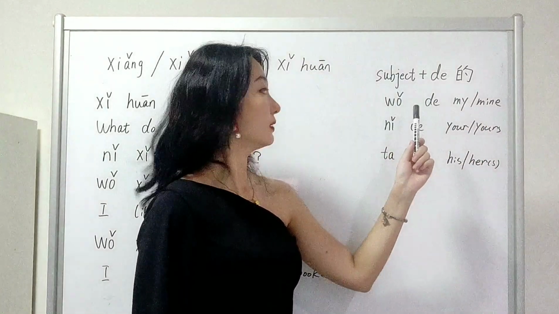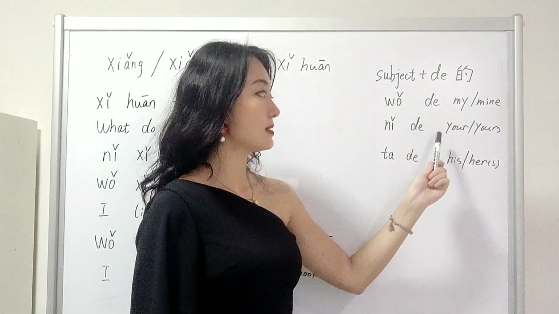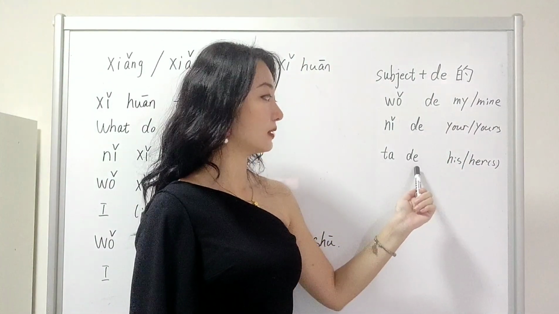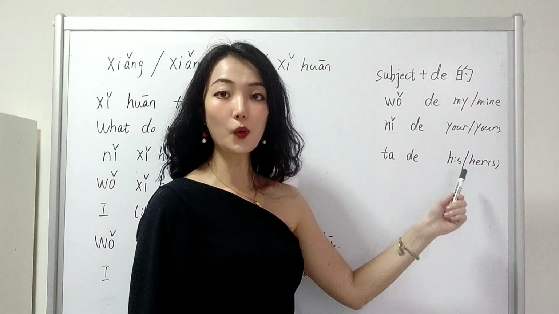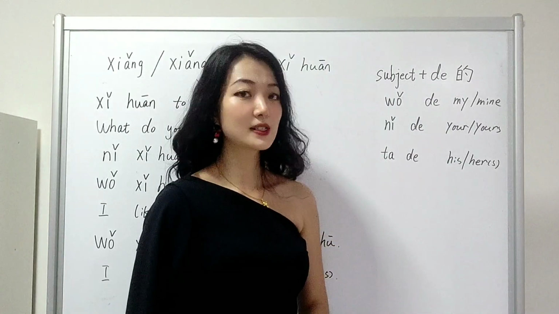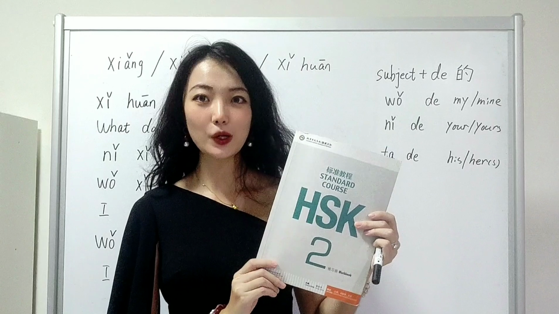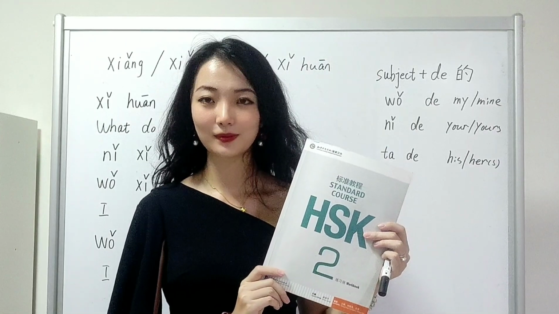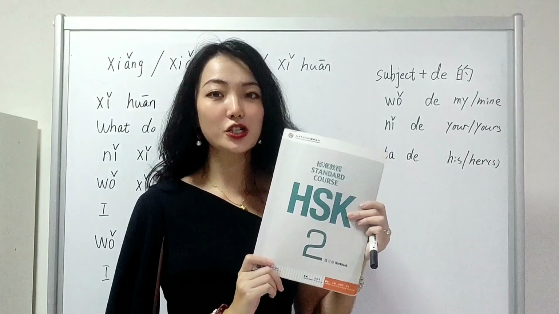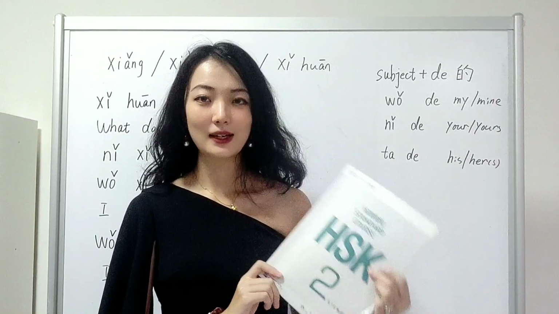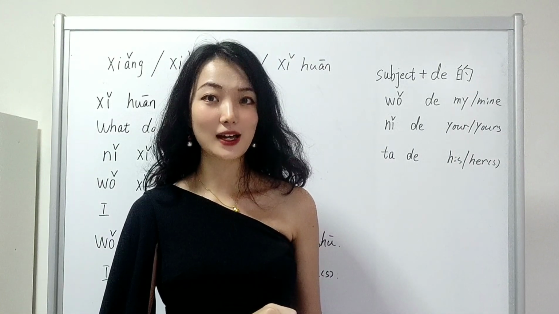They're both 我的. 你的 means either your or yours. Same, 他的 means either his or hers. For example, 这本书是我的. One more time. 这本书是我的. This book is mine.